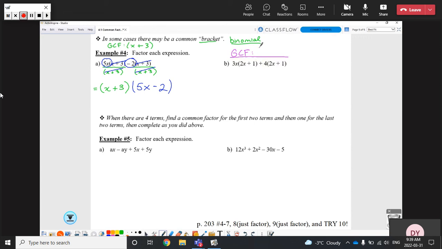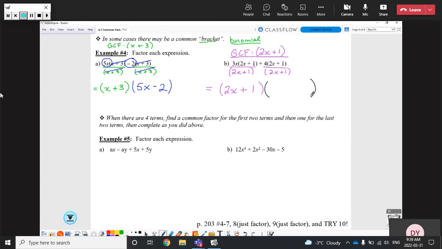So our GCF is 2x plus 1. And as always, we are going to divide the first term by 2x plus 1, and divide the other term by 2x plus 1. And in our product statement down here, we're going to keep the 2x plus 1 out front. What we're left with is the result of dividing by the greatest common factor.